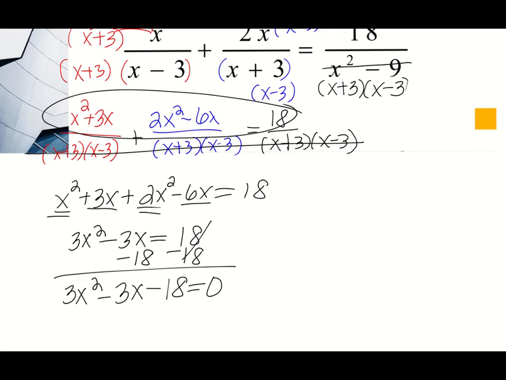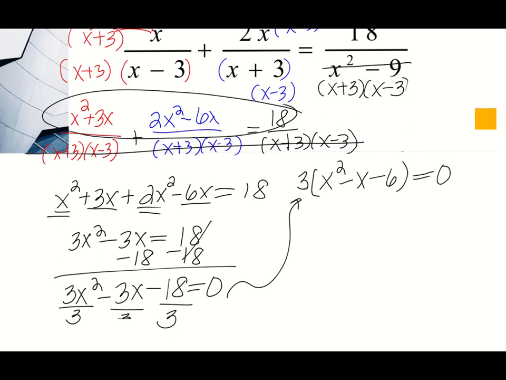All of these are divisible by 3. So yes, I can take out a 3. If I take out a 3, I'm left with x squared minus x minus 6. Much easier to factor. So always check for that.